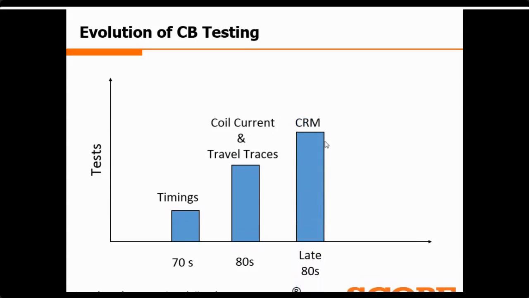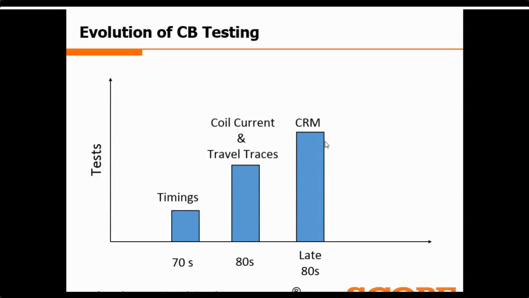After this coil current and travel trace test, we introduced the CRM, or the main contact resistance measurement test. With the help of the CRM, we could understand the condition of the main contact with the circuit breaker in closed condition. So in the late 80s, with the CRM, we could first understand the condition of the contacts.